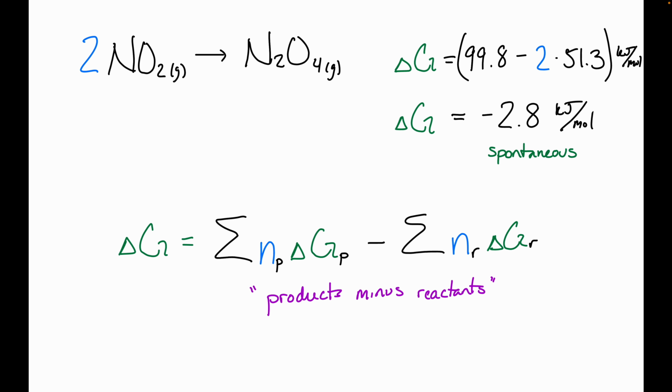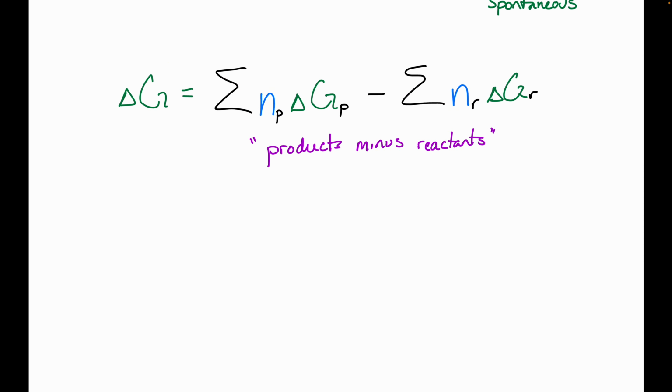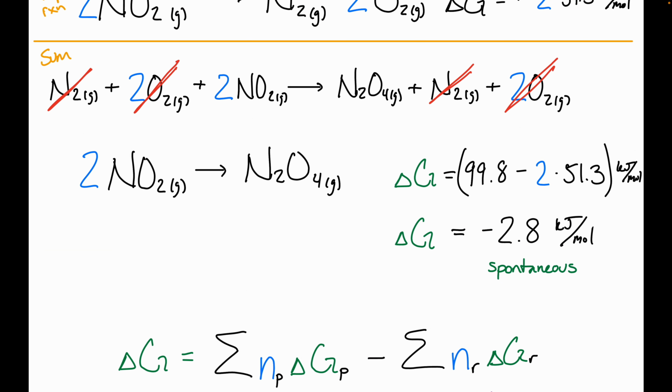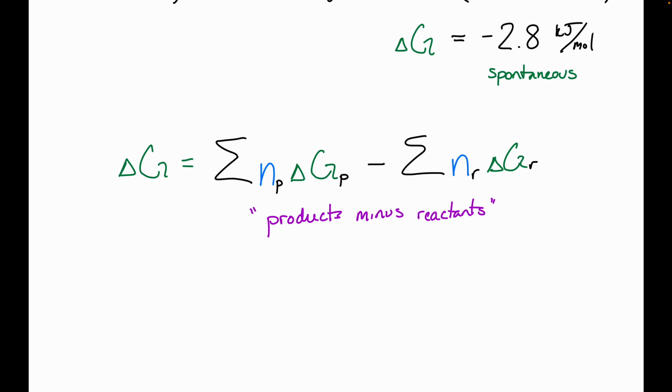All right, so we just did it for delta G. Let's use our simplified equation here. This equation works for any of the thermodynamic variables. If you went in and replaced all these G's with H's, that'd be your equation for enthalpy as well, right? So it works for any of those thermodynamic variables.